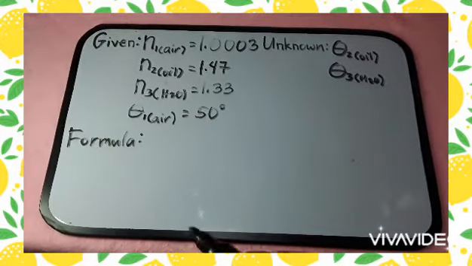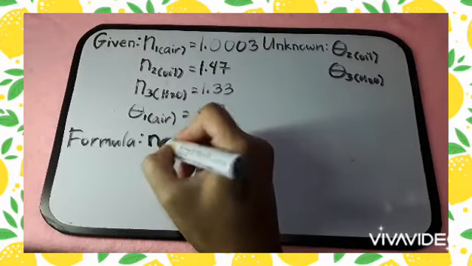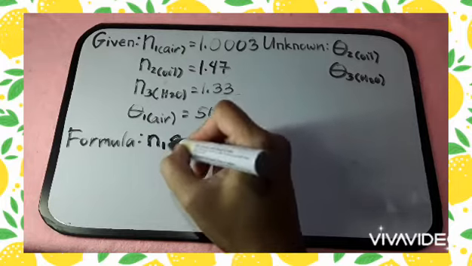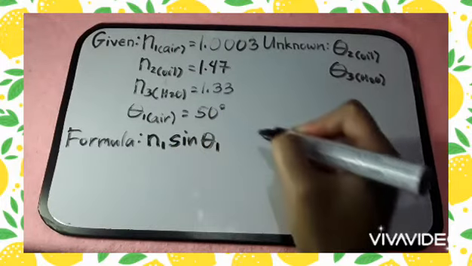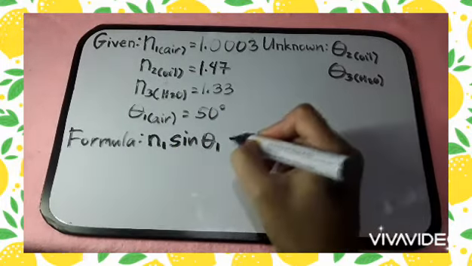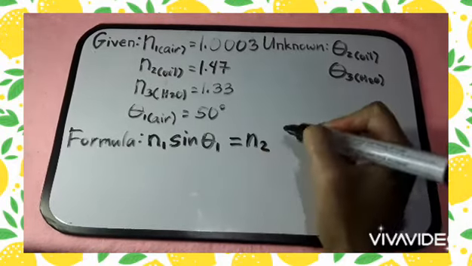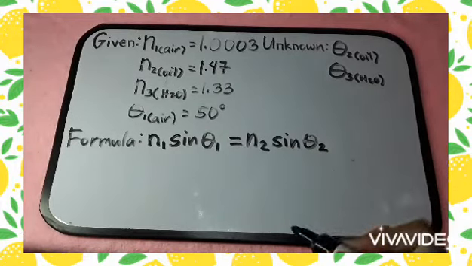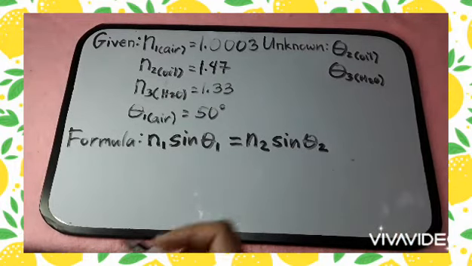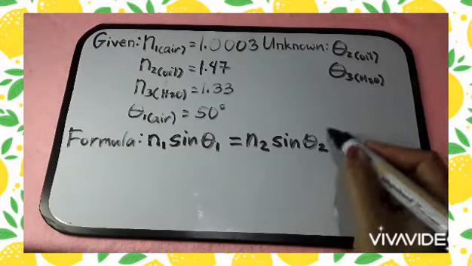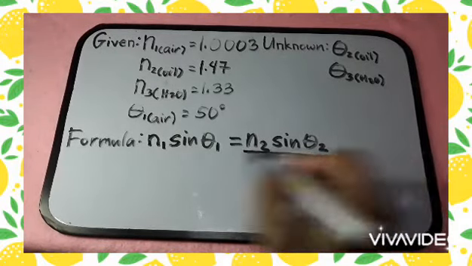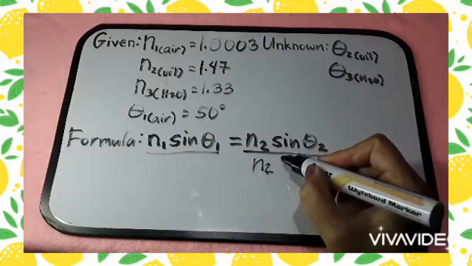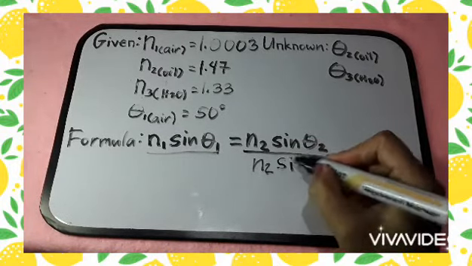Since we are dealing with refraction, we use the index of refraction of air times the sine of angle 1, or the angle of incidence, equals the index of refraction of oil times the sine of angle 2, or the angle of refraction. Since we are solving for the angle of refraction, we divide both sides by the index of refraction of oil times the sine.